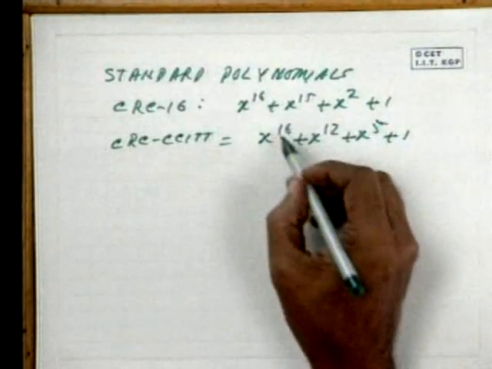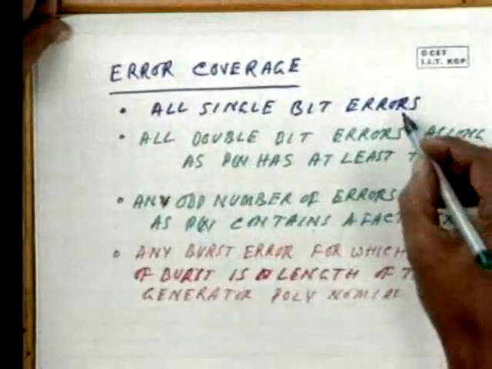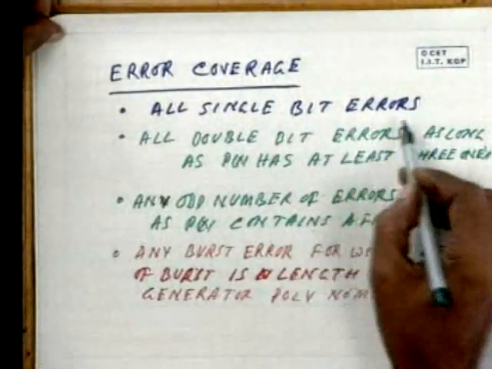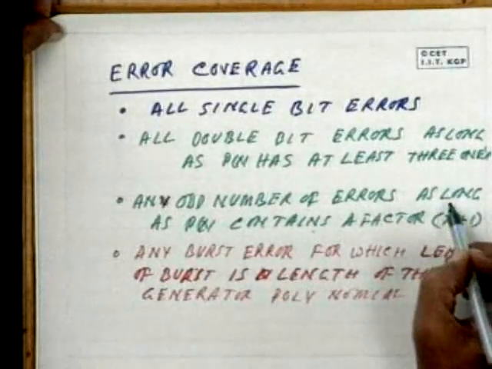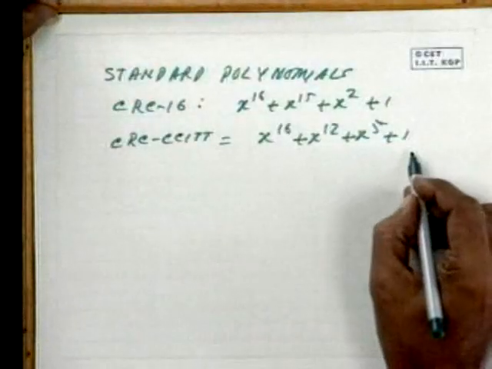So using these two schemes, we find that they satisfy all these requirements, and here the length is 16. So all single bit errors, all double bit errors, any odd number of errors, and any burst error up to 16 can be detected, and that is definitely a very large coverage.